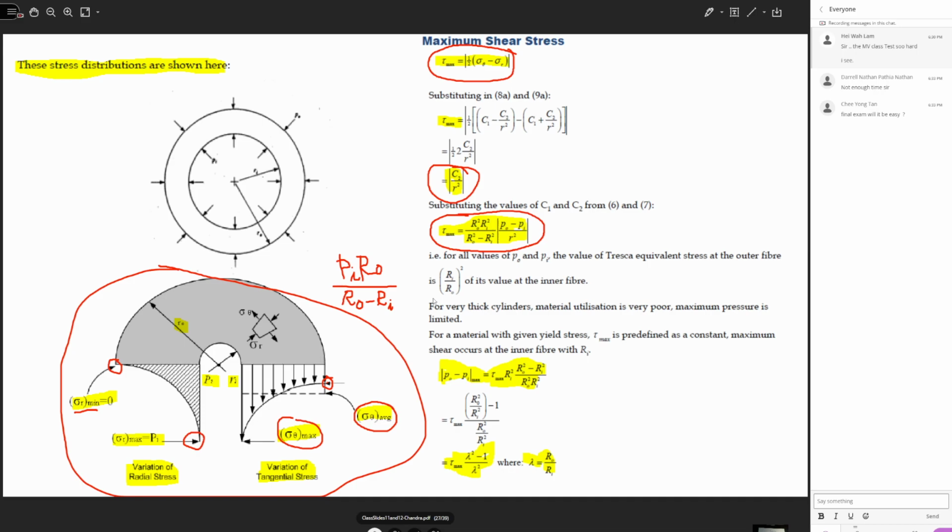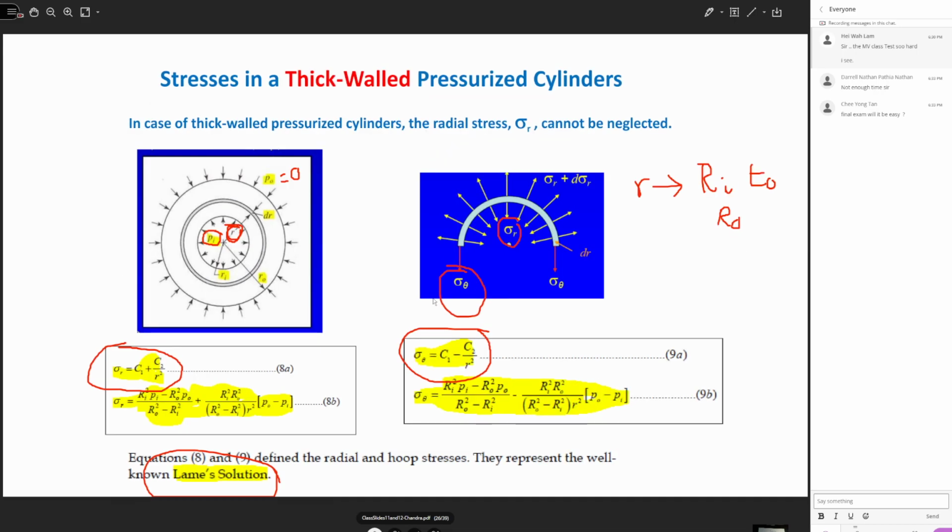C1 and C2 you can refer to in the previous slide. C1 will be this portion, and this will be C2.